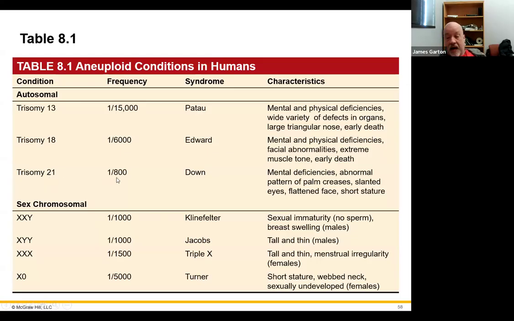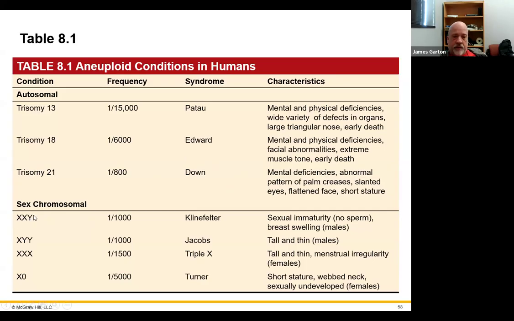Trisomy 21 is shockingly common, but it does cause characteristics. I'm sure almost everybody has met somebody with Down syndrome, and I'm sure you're all familiar with the physical characteristics.